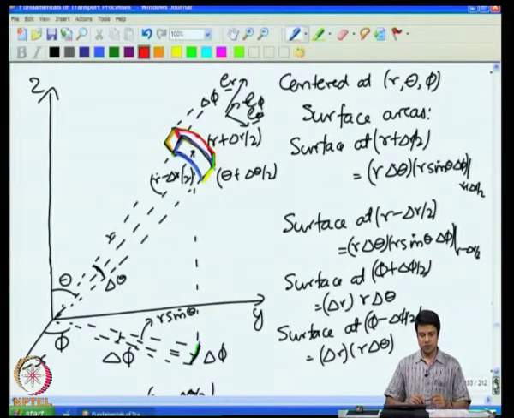So, I chose two surfaces on which r is a constant, where r is the distance from the origin, two surfaces on which the azimuthal angle theta is a constant, and two surfaces on which the meridional angle phi is a constant.